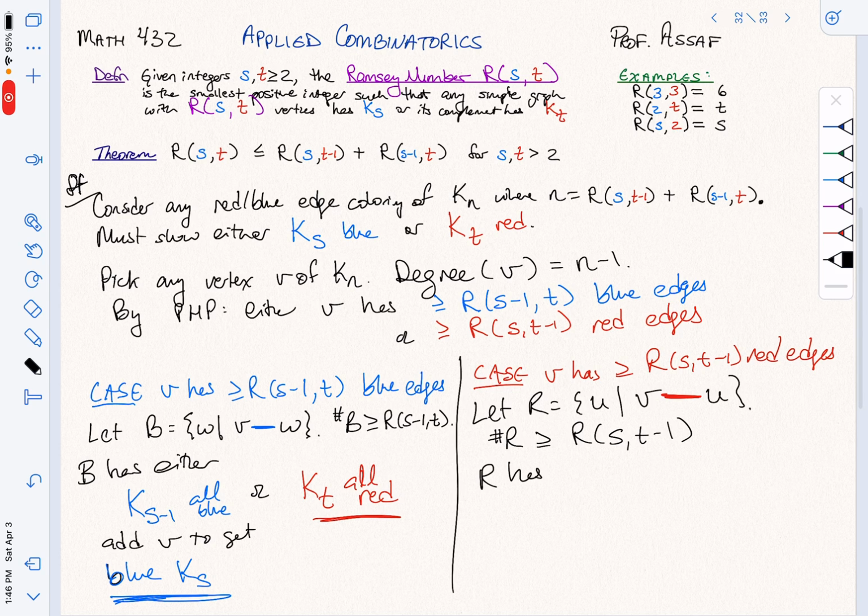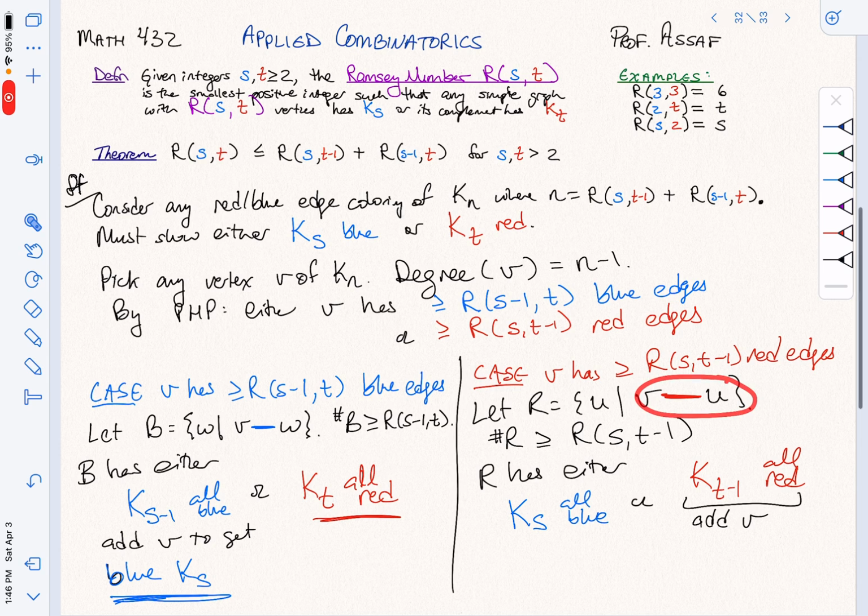That R has either a K_s that's all blue, or a K_{t-1} that's all red. And again here, we're going to add v in this case, because we've chosen these vertices to all be connected to v, to get a red K_t. And so once again, we've got our K_s or our K_t. And that proves the theorem.